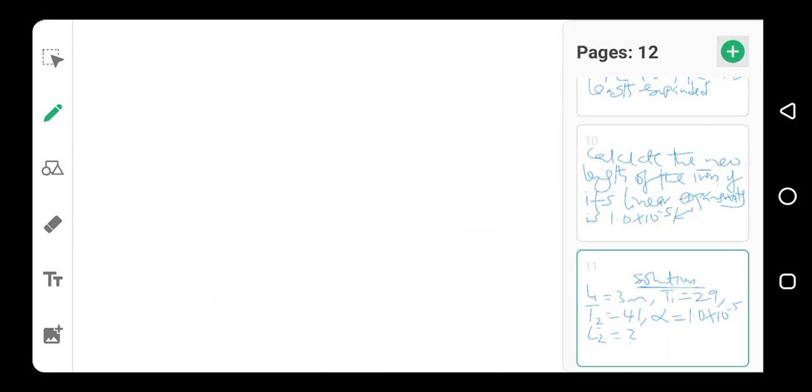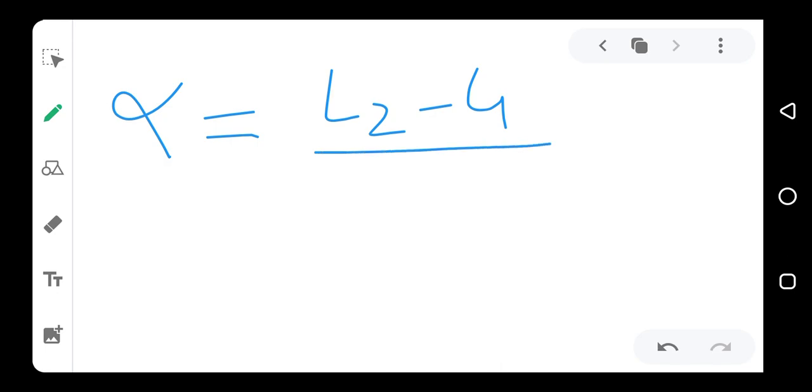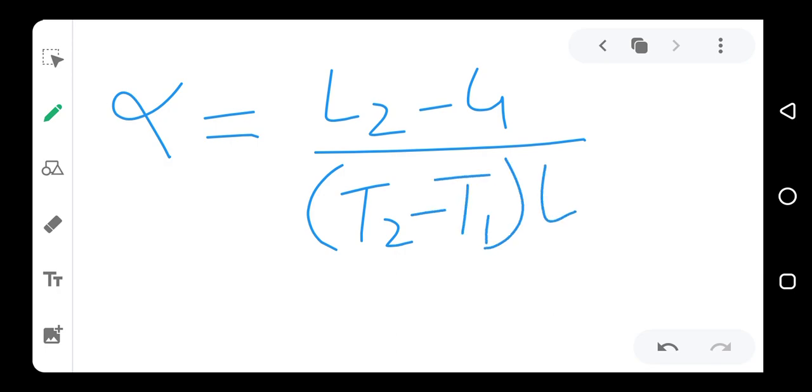Now write down the formula for linear expansivity. Linear expansivity alpha is equal to change in length, which is L2 minus L1, over change in temperature, which is T2 minus T1, times the original length, which is L1.